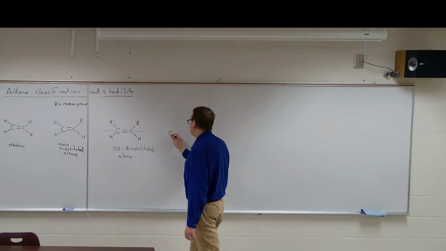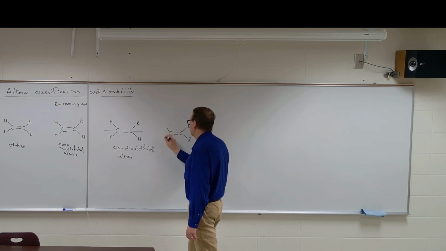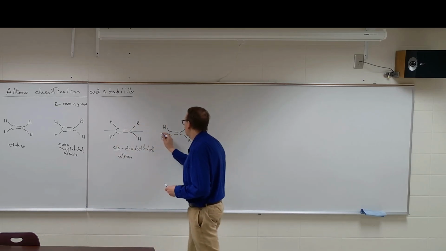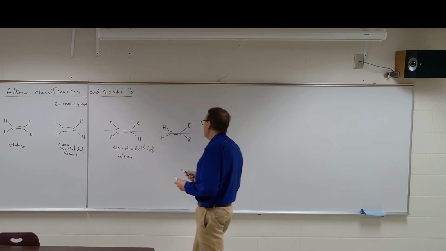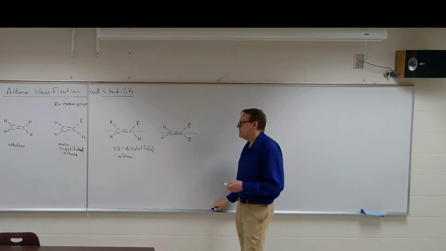There are other ways you could do the substituents. You could arrange them such that instead of being on the same side of the alkene, they're on opposite sides of the alkene, but substituted onto the same carbon. So here, they're not both on the same side of the line. It's not a cis alkene.